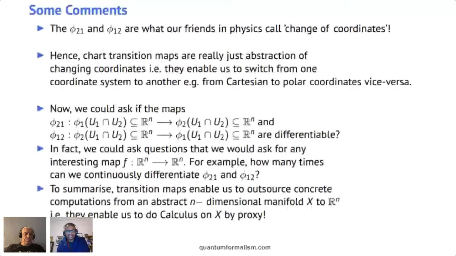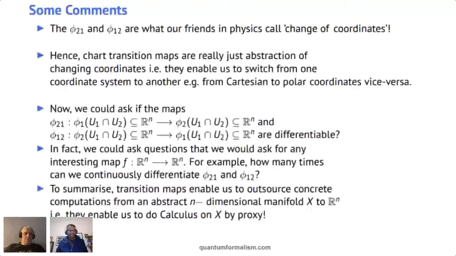So this actually tells us something very interesting also. These maps are obviously from one open region of Rn to another open region of Rn. So we can ask questions that we would ask of any map from Rn to Rn. We could ask, for example, are they differentiable? This is the essence of the notion of manifold: they enable us to outsource computation from an abstract manifold to Rn, because we know how to do computation in Rn.